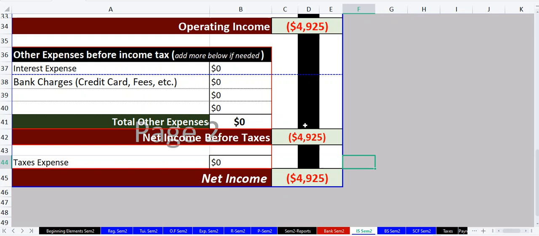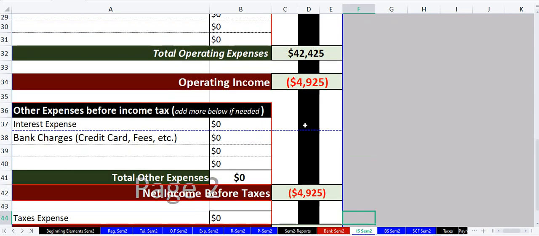It's so good that this happened, because it helps you understand whether you operated at a loss or a gain. So in this case, there was a loss of $4,925.